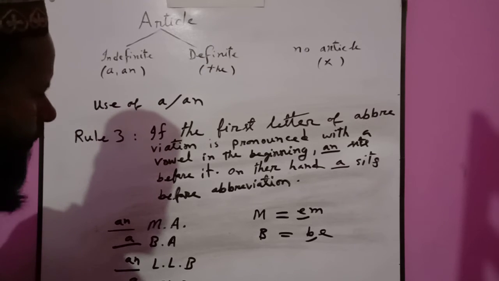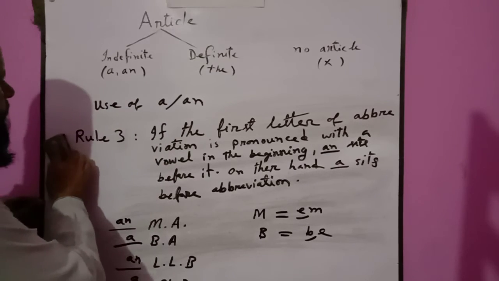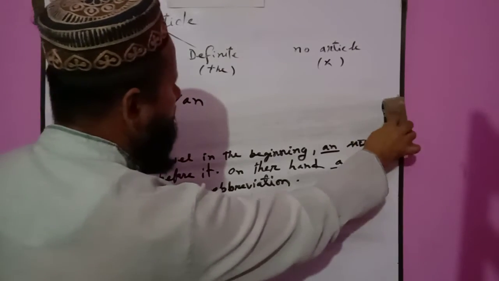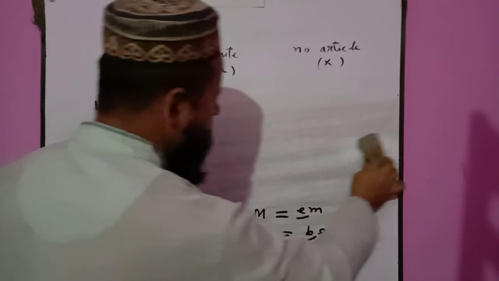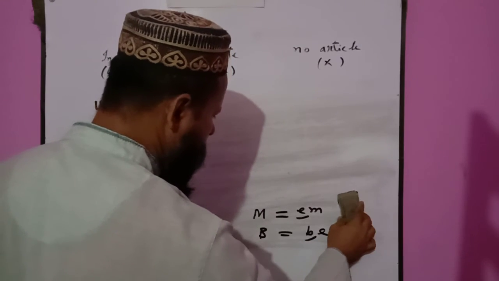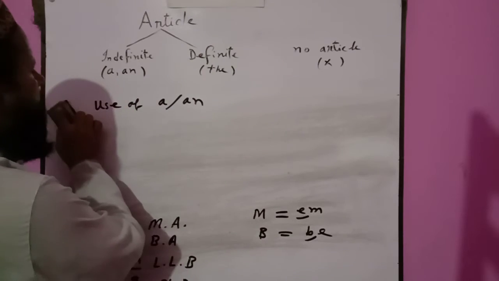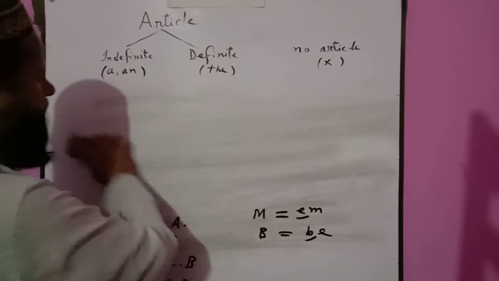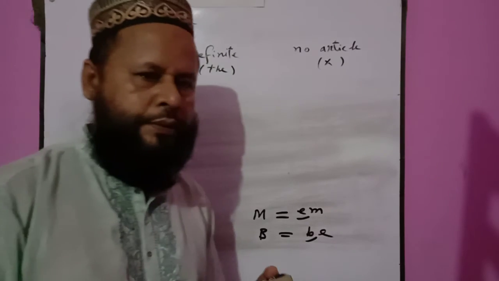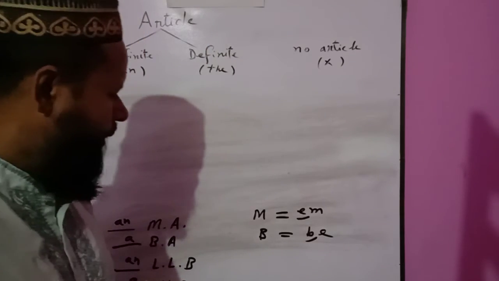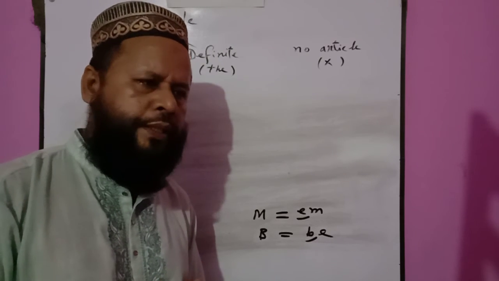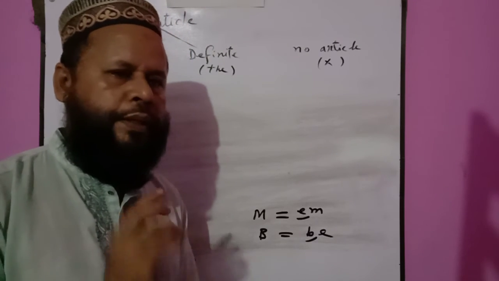Now, homework for you. We have learned 3 rules of using a or an. In the first rule, we learned a sits before a consonant and an sits before a vowel.